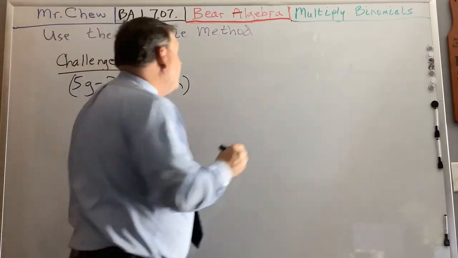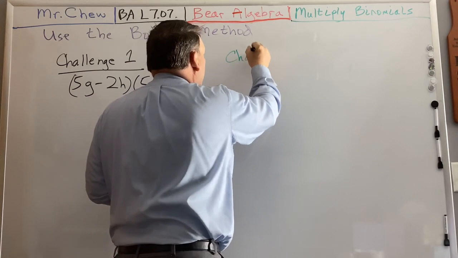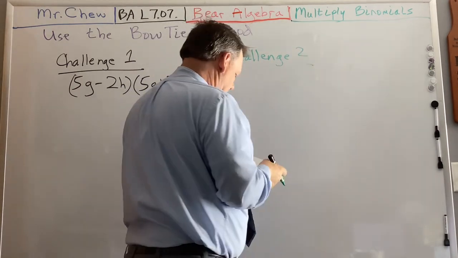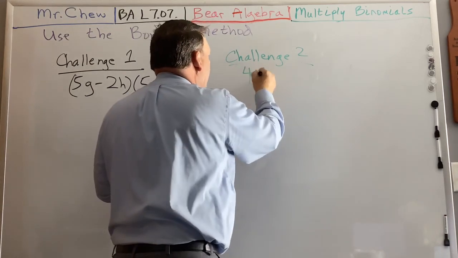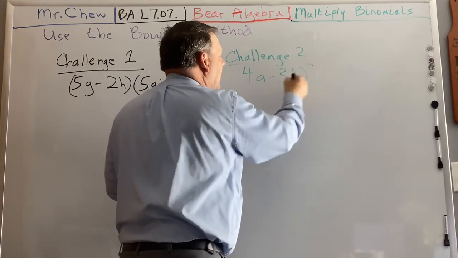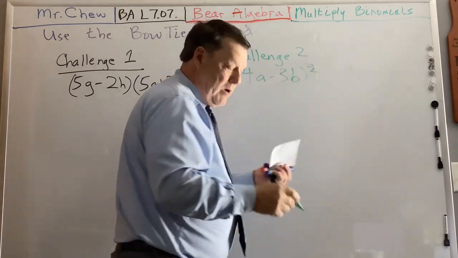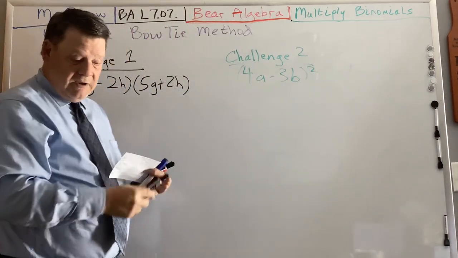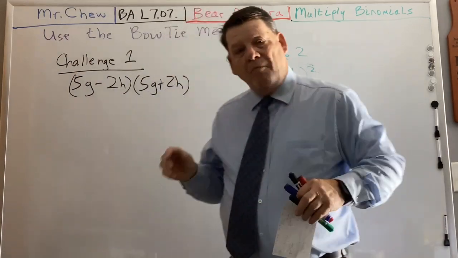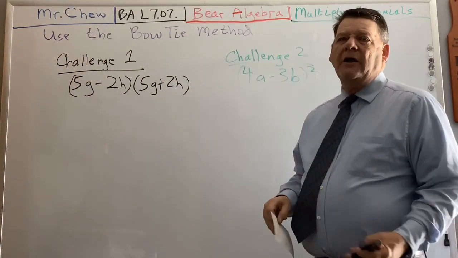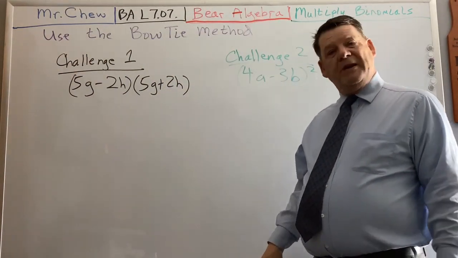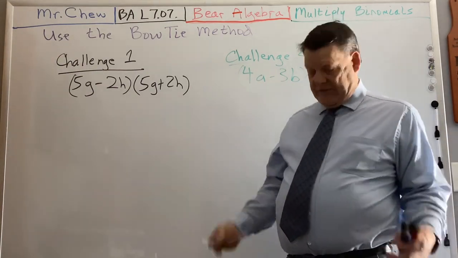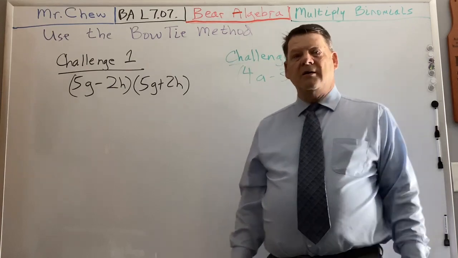And challenge 2 is 4a minus 3b quantity squared. So use the bow tie method to solve these. Pause the video, and then at the end of the video there will be a link that comes up to the video where I solved these wearing this same tie.